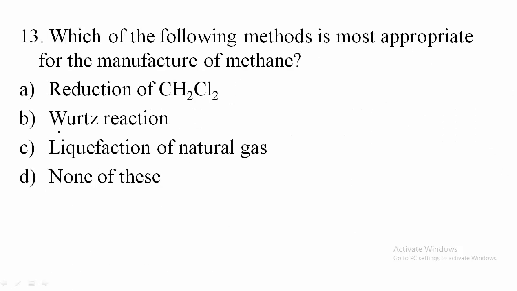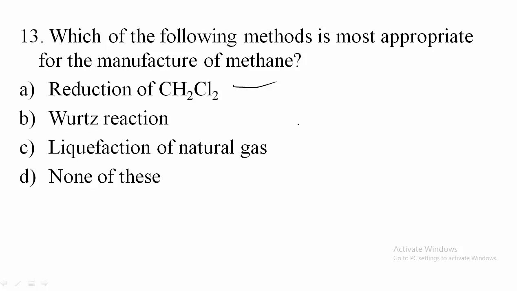13th, which of the following methods is most appropriate for the manufacture of methane? So reduction of CH2Cl2. Will we get methane first? That you have to know. After that we have to think whether it is most appropriate or not.